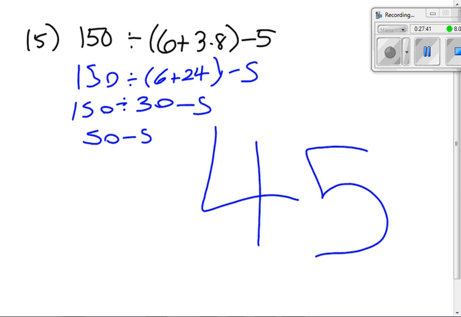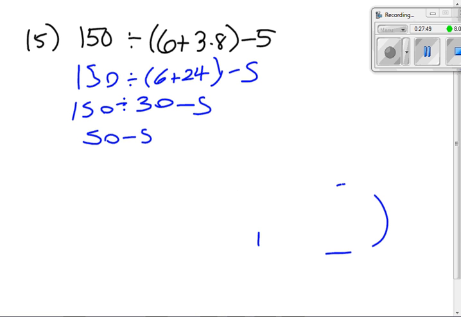What's 150 divided by 30? Not 50. 130 divided by 50? So it's 5 minus 5, so you get 0. Who's doing 16? I said Dave Monty wanted to do it first.